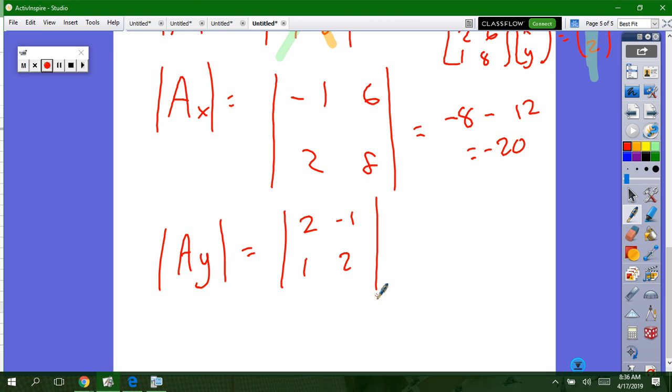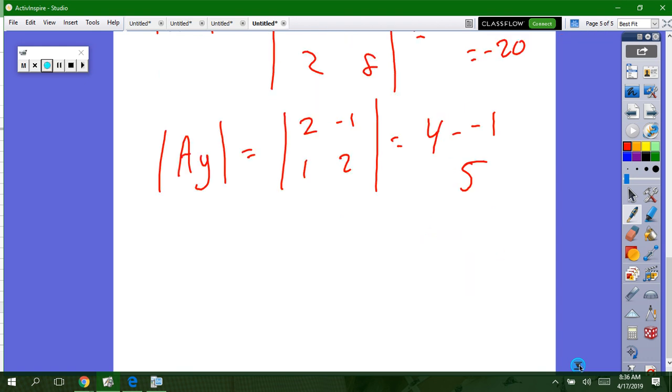Any questions? We're almost done. Then you just have to practice it, but we're almost done understanding what we're really learning. So then this is 4 minus negative 1, which is 5. Okay, now, what was y? And what was x?